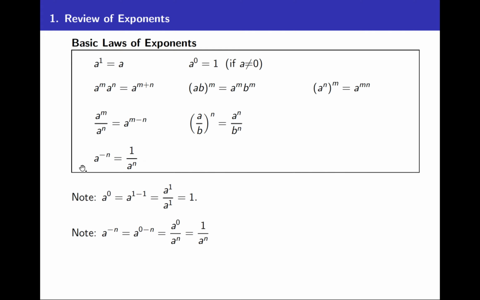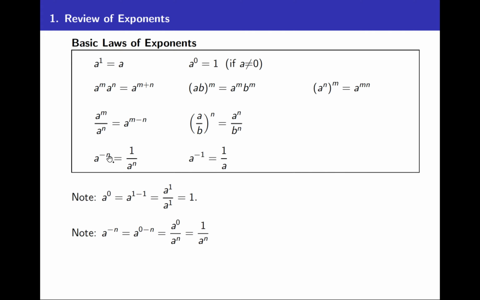So notice how we're expanding this fundamental definition of a raised to an integer power now to negative powers as well. You're literally multiplying a times itself negative n times here. Or in effect, that's what you're doing. Let's see.